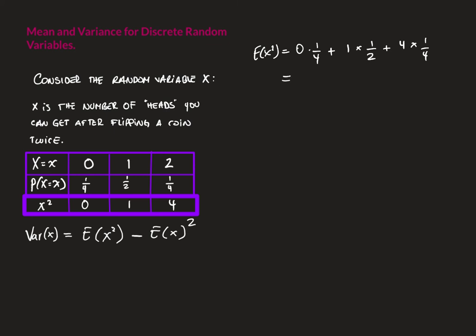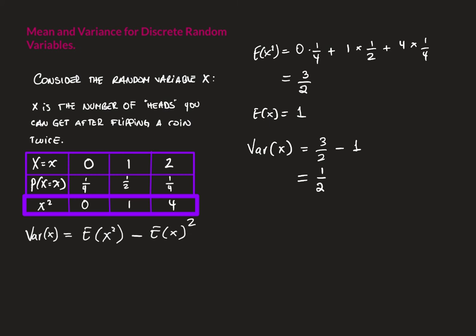So the expected value for the x squares is going to be 1.5, so 3/2. We already found that the expected value of x was 1, and if we square it, it's also 1. Therefore, we can find that the variance for this random variable is going to be 3/2 minus 1 squared, which is the same as 3/2 minus 1. The variance is going to be 1/2.